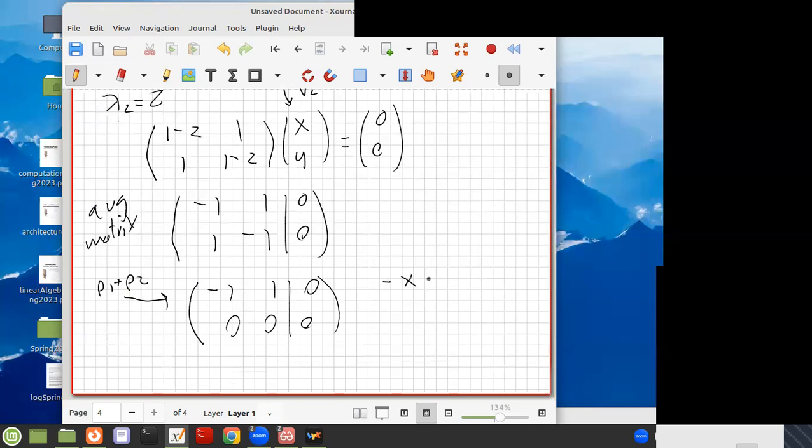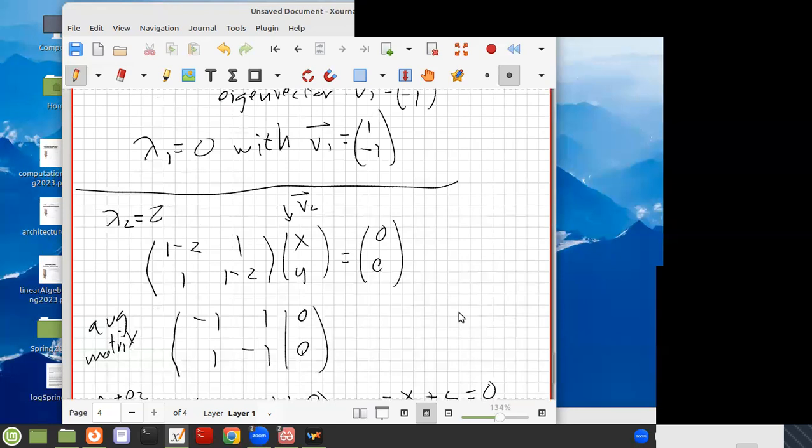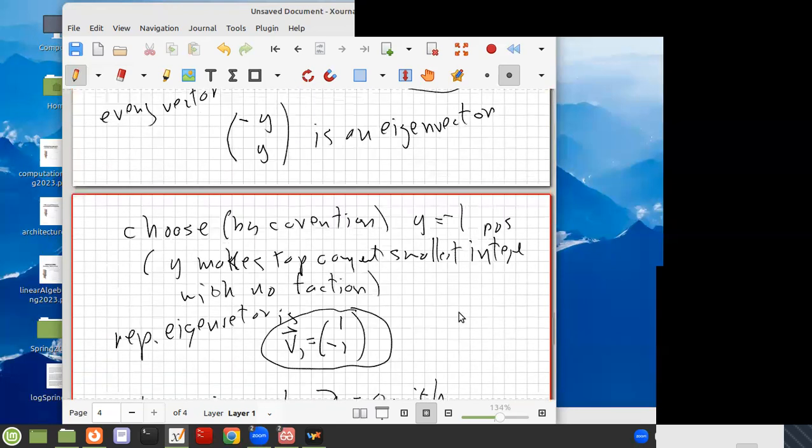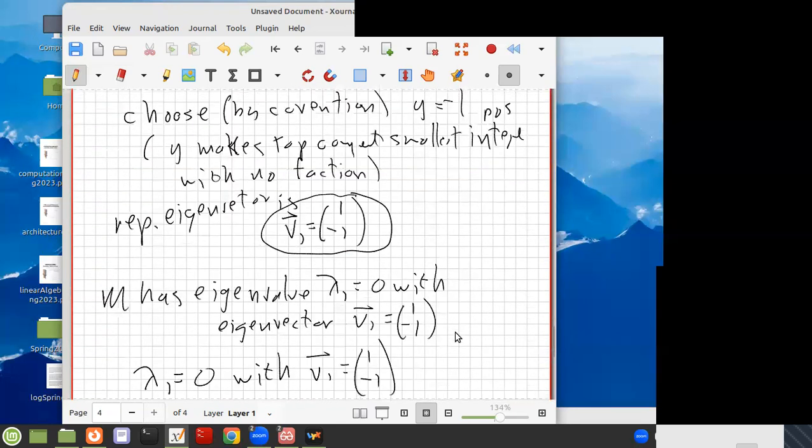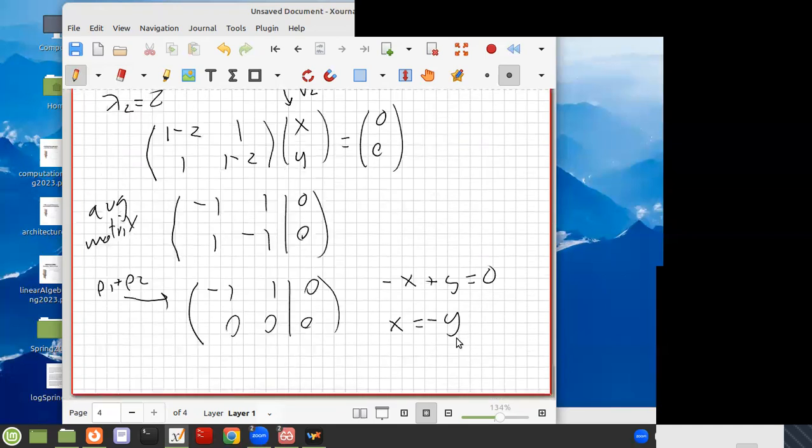Then we see that minus x plus y equals 0 is the condition for a solution. And that means that x equals y. Good. Otherwise, we'd be in trouble, because different eigenvectors have to have different eigenvalues.